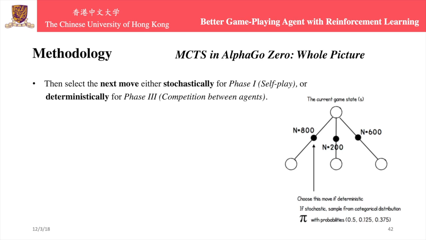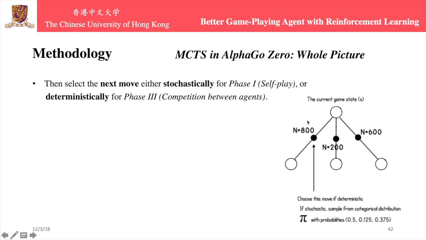After running the simulation 1600 times, the machine will choose the next move randomly for phase 1 or deterministically for phase 3.